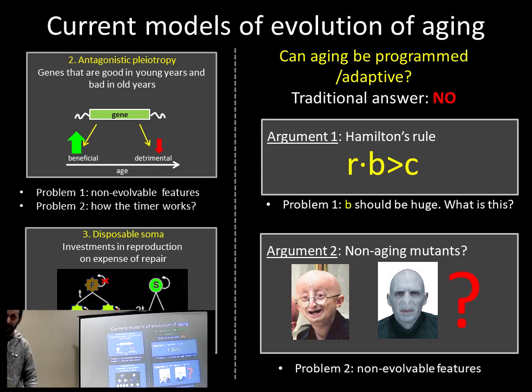So, as you might see, non-evolvable features are repeated twice in this slide. And there is a big difference between the two arguments. This is a killer argument that makes any model of this type impossible.